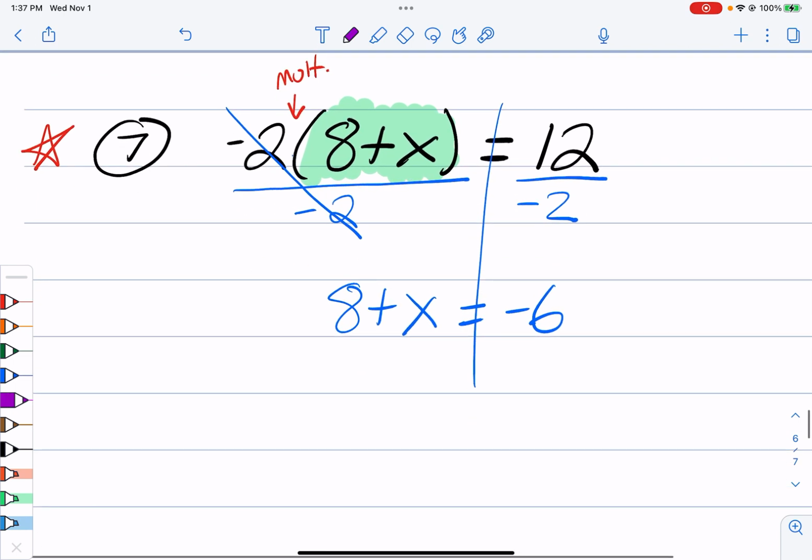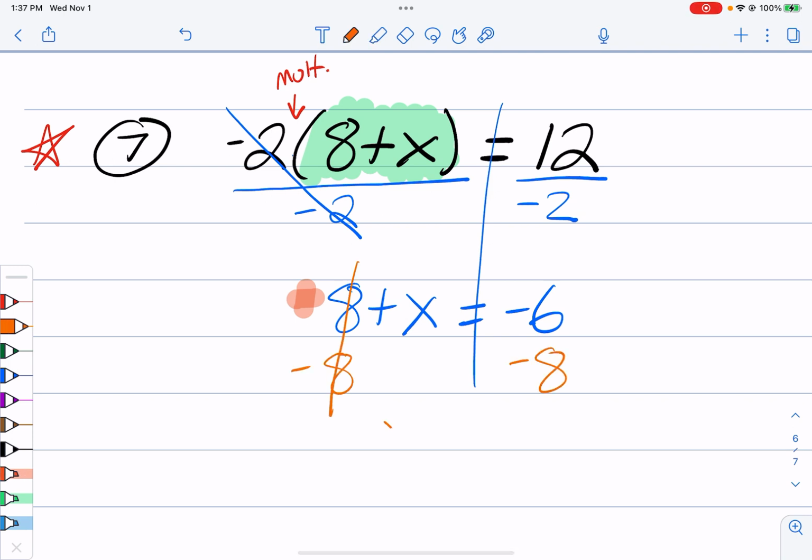And then I can say, okay, my x has an 8 in front of it. So this 8 is a positive 8 because there's no sign in front of it. So it's like a plus. So I'm going to subtract 8 from both sides. Cancels, and x equals 6 negatives and 8 negatives make 14 negatives.